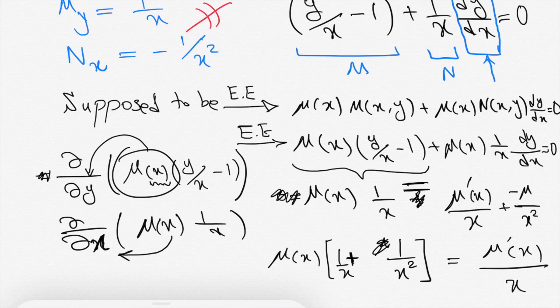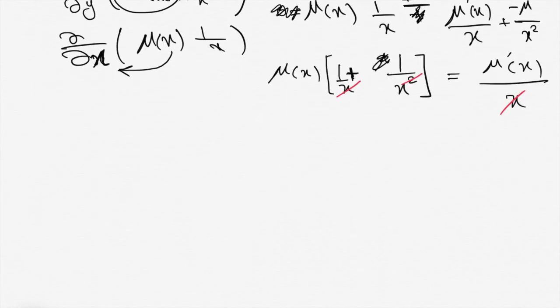So we can also say that I can omit, delete 1 over x here, right?